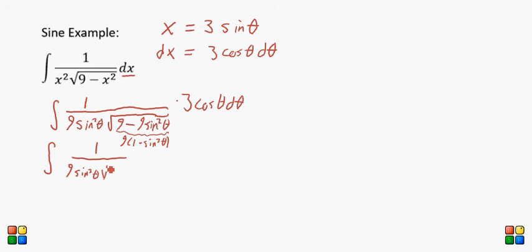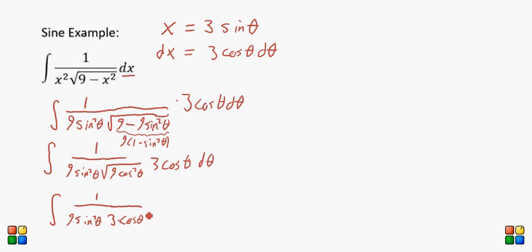What we have here is the square root of 9 cosine squared theta. And maybe you can see what's going to happen there. As we said before, the square root will disappear, but also we'll get some cancellation. The square root of 9 cosine squared is 3 cosine theta, times that 3 cosine theta d theta that's still sitting there.